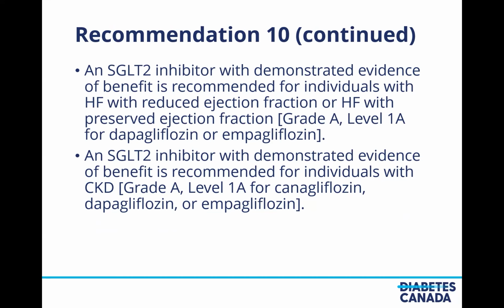And in both cases, the specific agents that have demonstrated evidence of benefit are shown in the brackets and are discussed in the text of the guideline. Note that the FLOW trial in patients with chronic kidney disease examining a specific GLP-1 receptor analog was published after our evidence review was completed, so we did not make a recommendation about its use in this guideline. However, there will be a forthcoming update to the chronic kidney disease guideline, and that will address this trial.